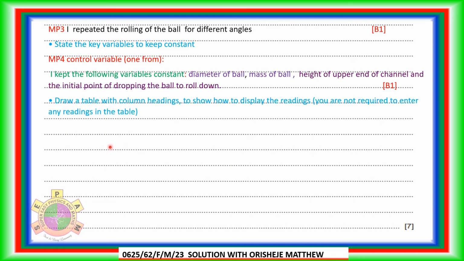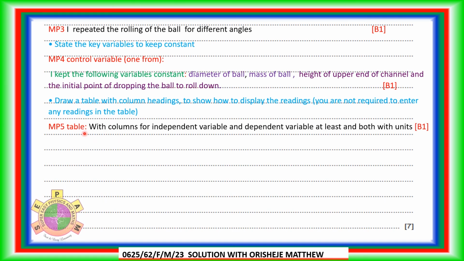So let's go now. Draw a table with column heading to display this and with the unit. So when you draw your table, always indicate the unit. Now the table must show the independent, which is the angle, and then the dependent.